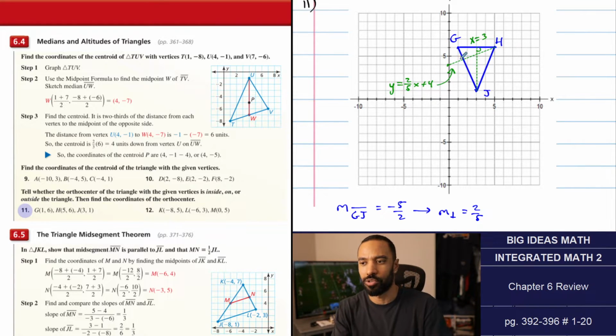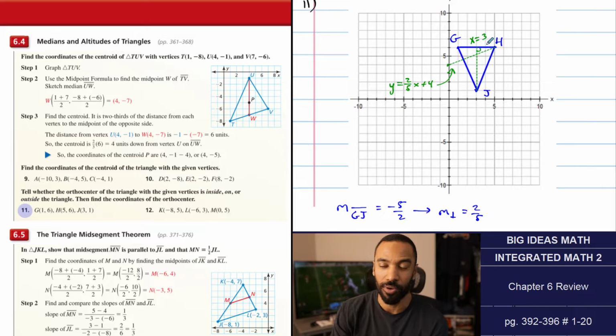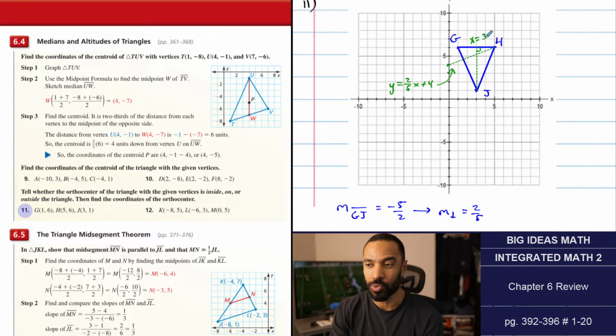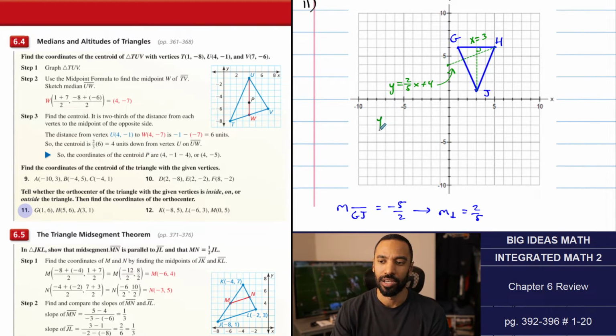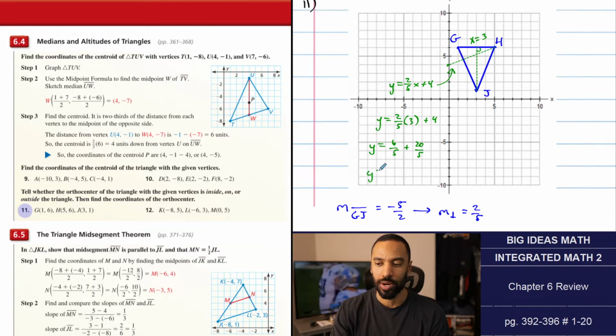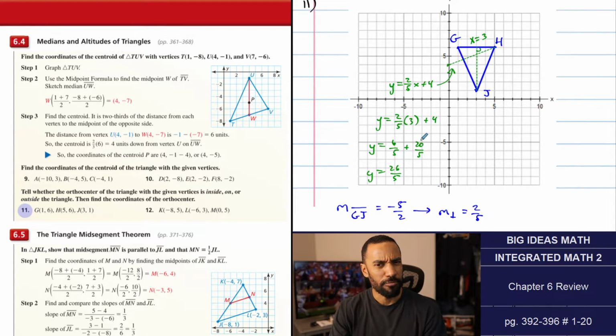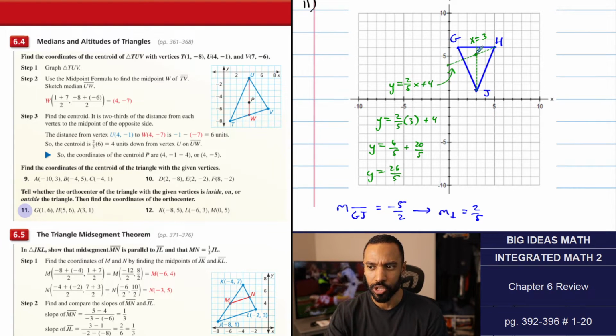Let's find out where x equals 3 intersects with y equals 2 fifths x plus 4. What's nice is x equals 3. I can substitute right into there. So y equals 2 fifths times 3 plus 4, which is 6 fifths plus 4, which is also 20 fifths, which is 26 fifths. Now 26 fifths is 5.2, and that looks 5.2-ish.